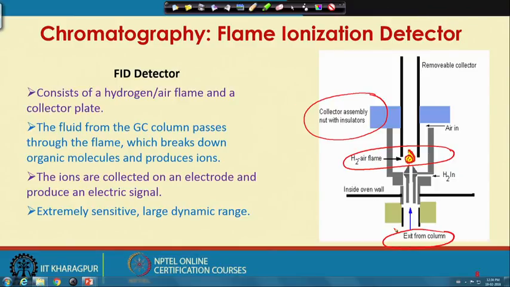This is burned here using the hydrogen air flame. Ions are produced and these ions are collected on this ion collector. So, thereby an electrical signal corresponding to the components in the mixture is produced. The flame ionization detector is extremely sensitive and has a large dynamic range.